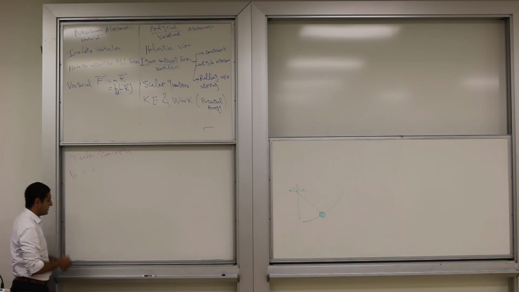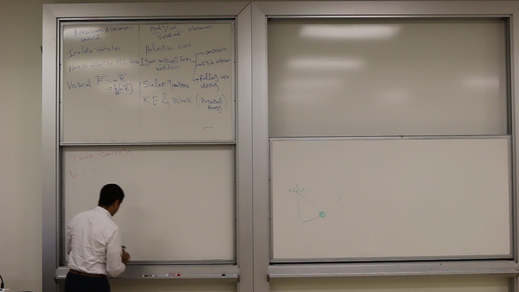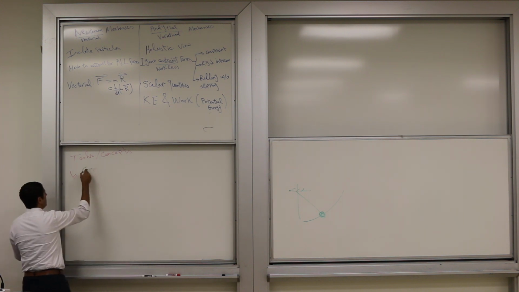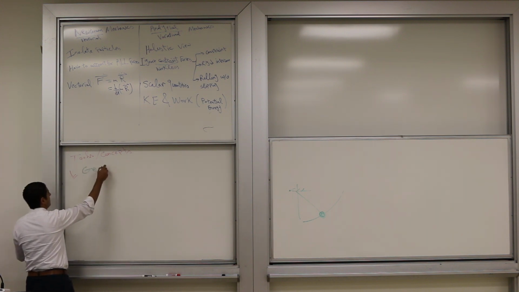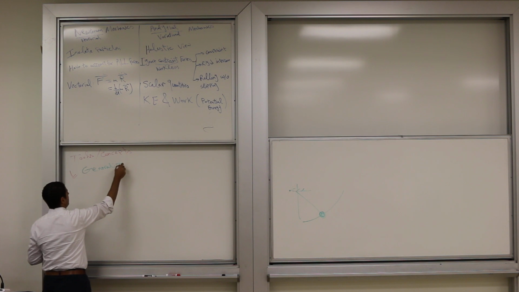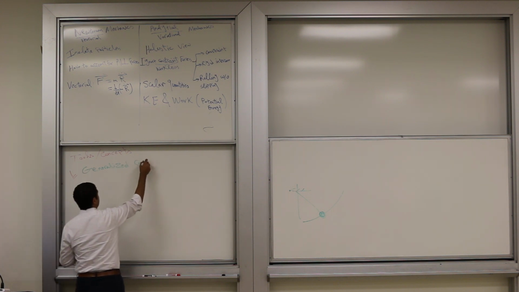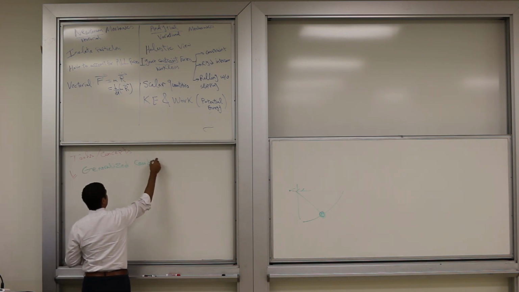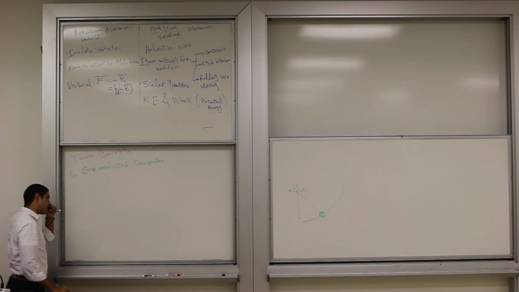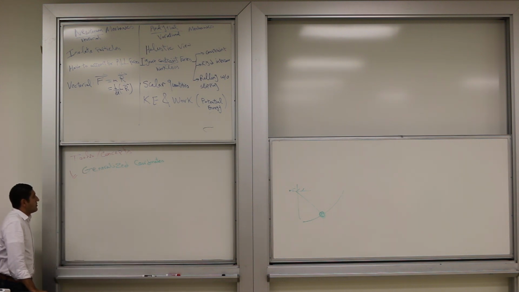What's the generalized coordinates concept? The generalized coordinates is the set of degrees of freedom, a set of variables. You got to choose what set of variables you're going to use to represent your motion.